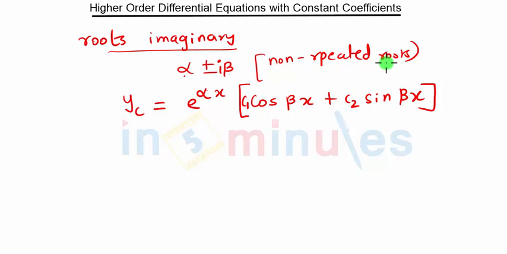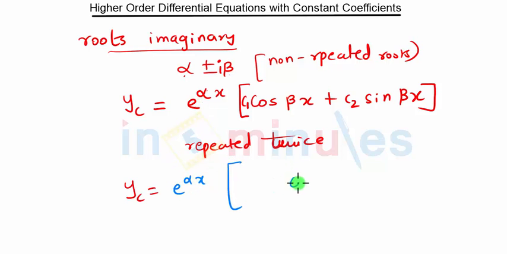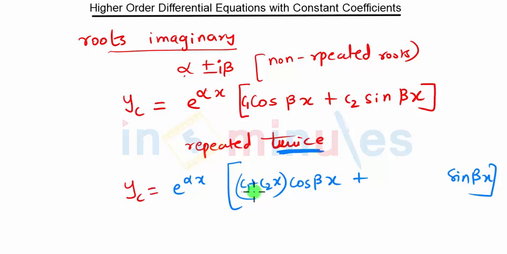When the roots are repeated twice, the solution will remain the same: e raised to alpha x will remain the same, cos beta x will remain the same, and sin beta x will remain the same. Since the roots are repeated twice, we multiply one constant with x, so c1 plus c2x, and here also c3 plus c4x.